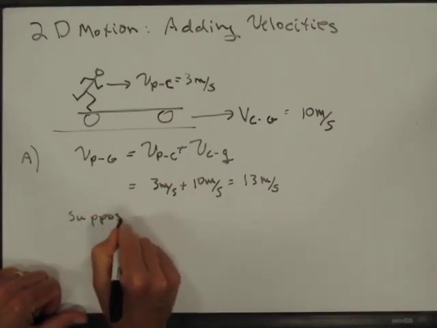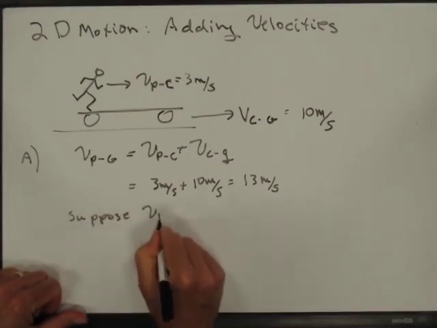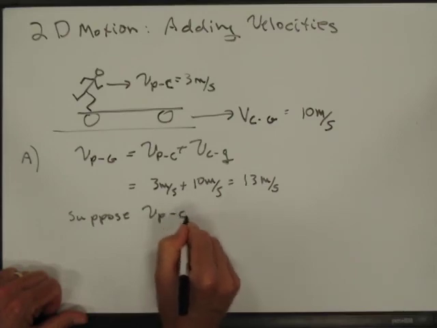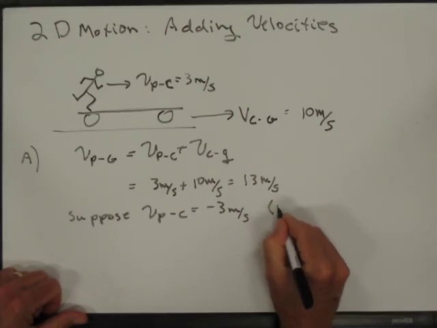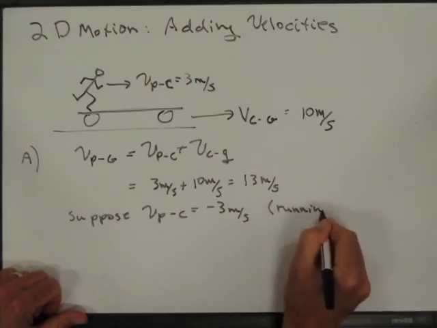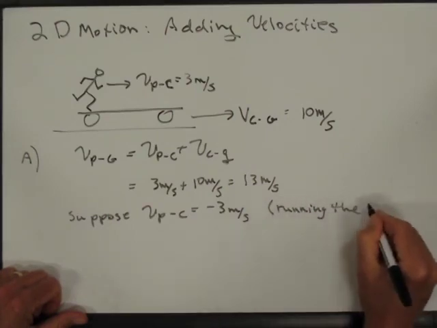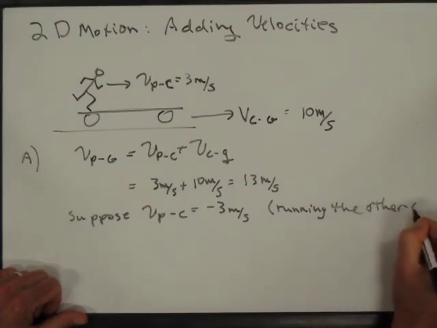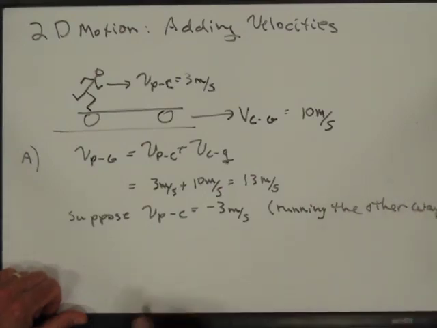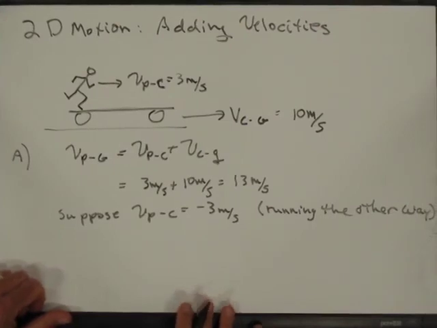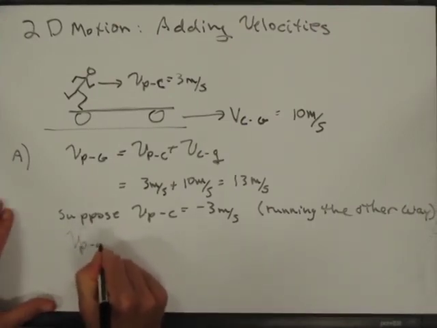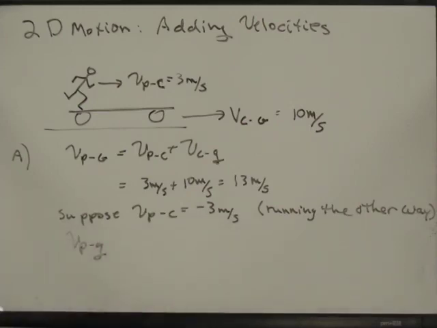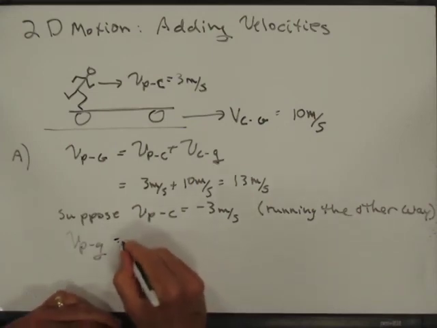So I can say, suppose the velocity of the person relative to the car was minus 3 meters per second. So he's running the other way. Well, in that case, the velocity of the person relative to the ground is just the same.